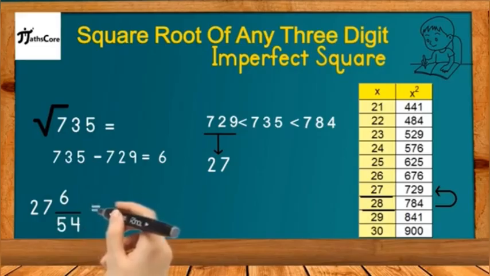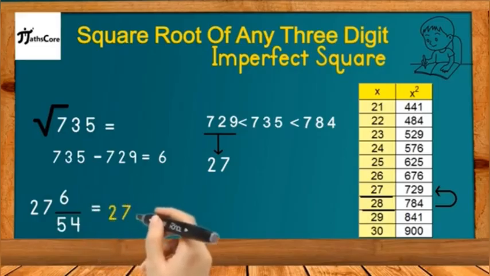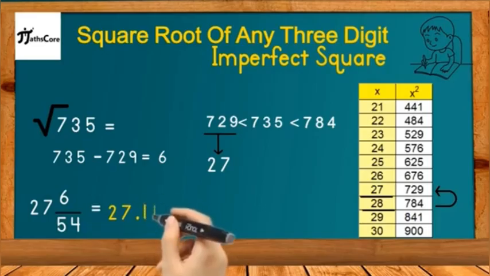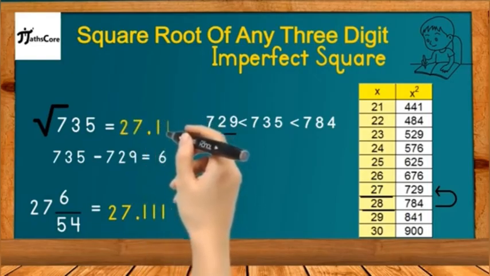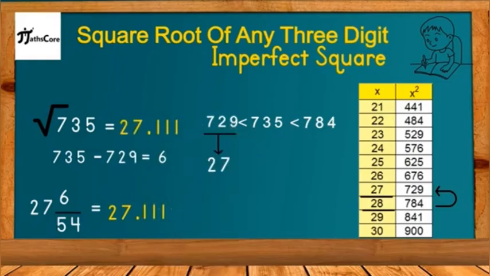Now it is a mixed fraction. If we simplify it and find the answer as a decimal fraction, then we will get 27.111, and this is our final answer, the square root of the 3-digit imperfect square 735, which is 27.111. In this way you can find the square root of any 3-digit imperfect square.